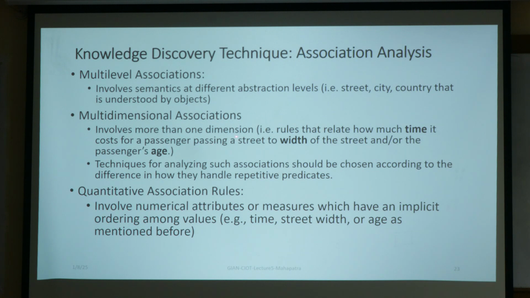This example says rules that relate to how much time it costs for a passenger passing a street, to the width of the street, say 60 meters, 100 meters, whatever, and the passenger's age. Why? Because an old person might go pretty slow. The width is not really connected to that. So the two are completely orthogonal, who knows?